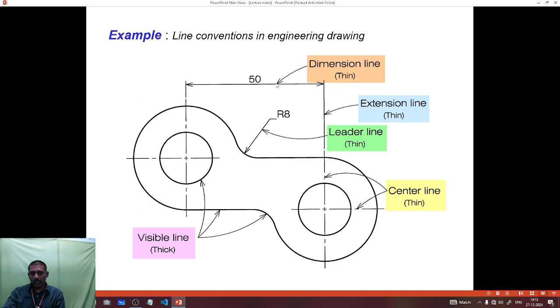From where to where? Here the center of this circle to the center of this circle is 50 mm, and where to where is represented with the help of the extension line. Next, the leader line is a very thin line. The leader line sometimes represents the radius of the curvature. The center line is also shown.